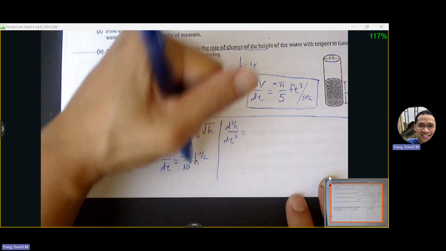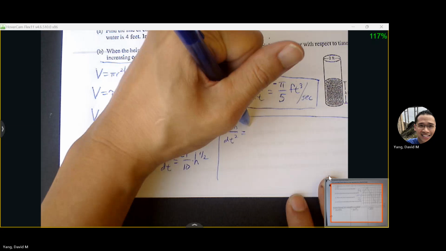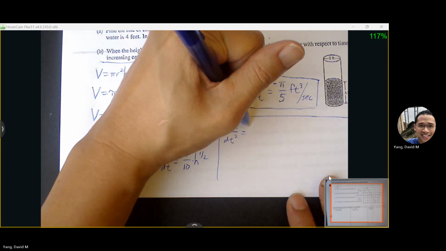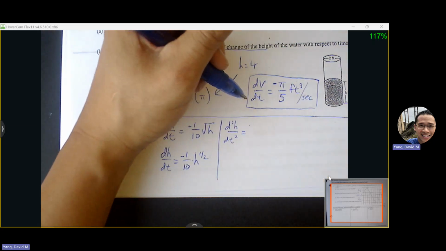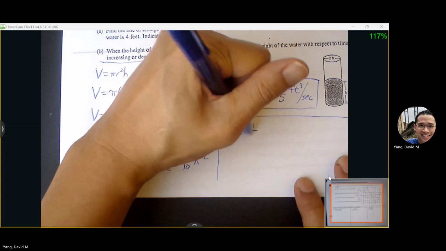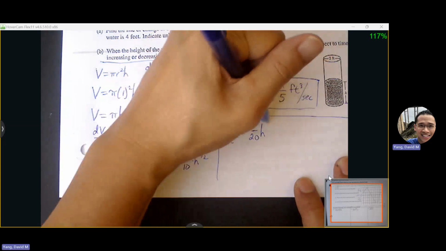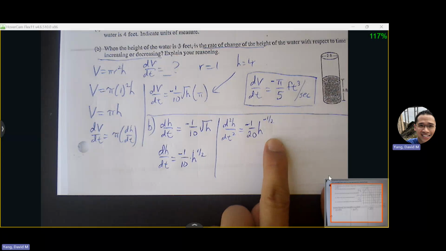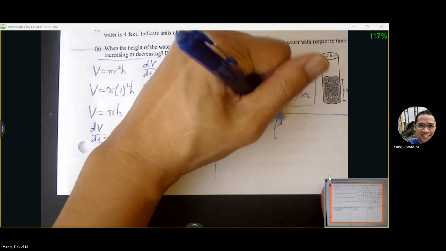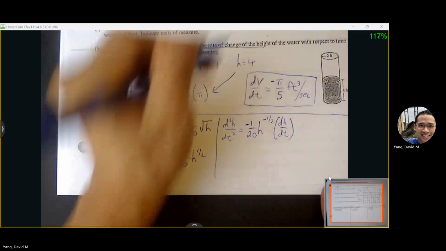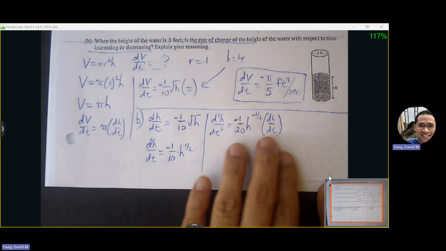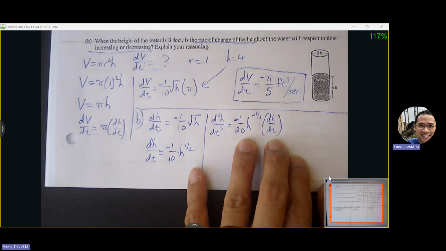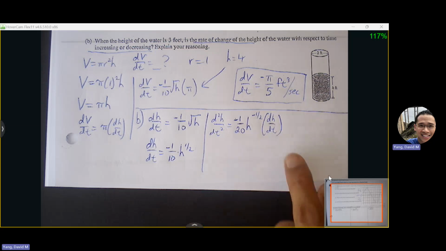So bring down the 1/2. I get -2/10. Sorry, -1/20 h to the -1/2. Now I just took h's derivative, so what else do I need? The dh/dt. So this is my second derivative expression.